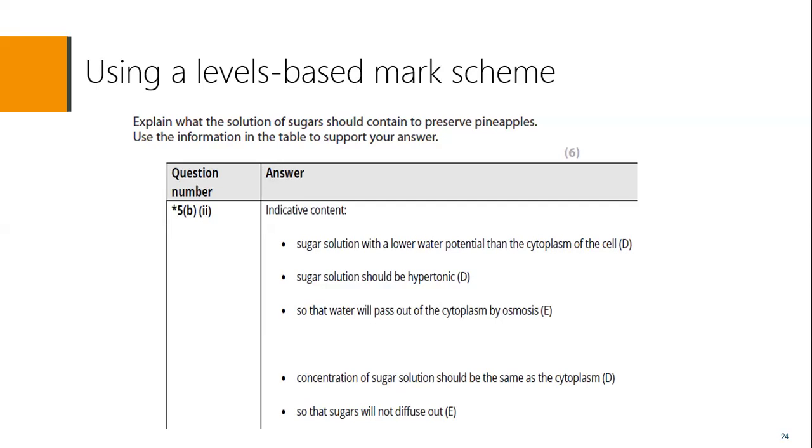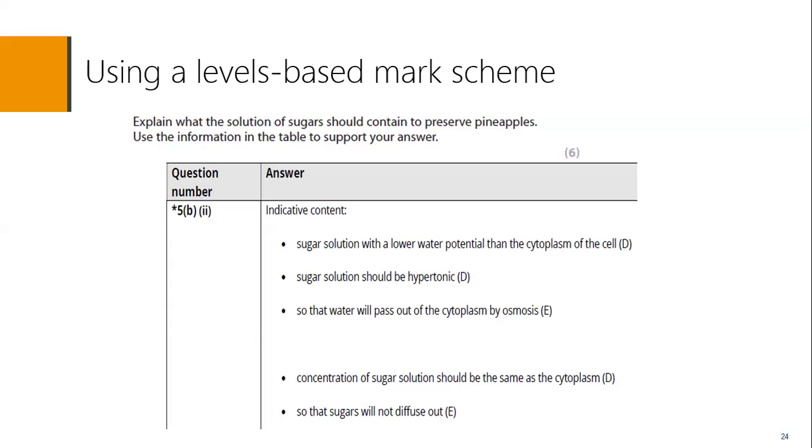So the question was, explain what the solution of sugars should contain to preserve pineapples. Use the information in the table to support your answer. So they're given some information. They have to use both their knowledge and the information that they're given to construct their answer.